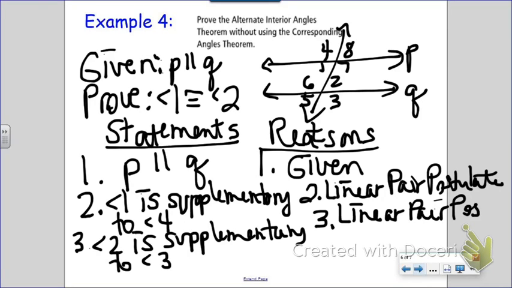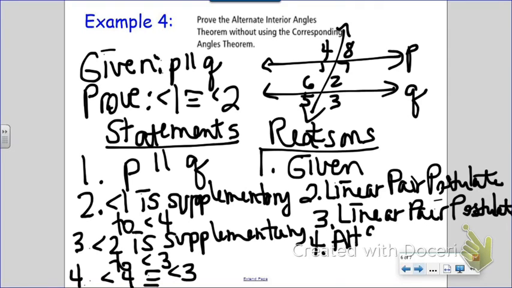You can either use congruence or supplementary in your proofs depending on what they ask for in the problem. So we know angle 4 is congruent to angle 3, and that's our alternate exterior angles theorem.